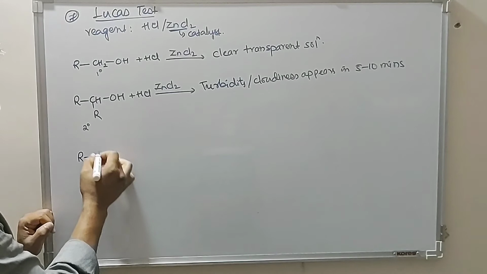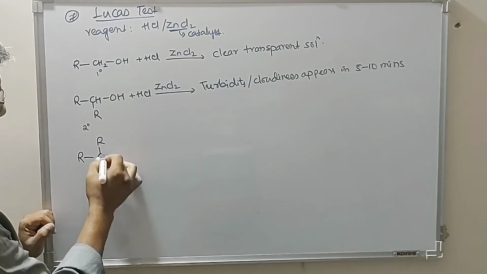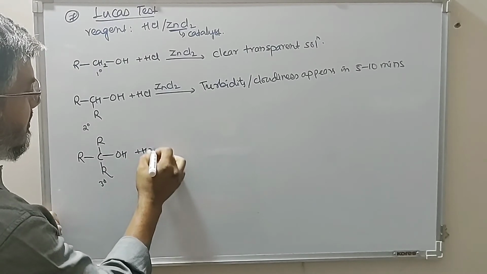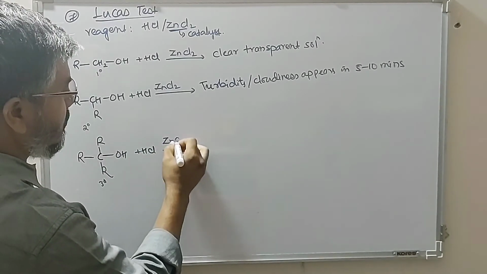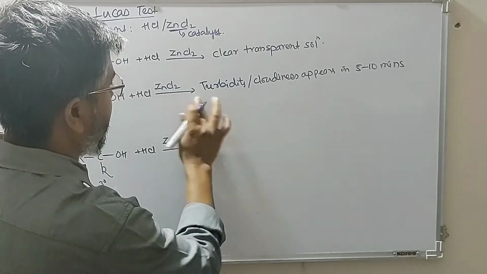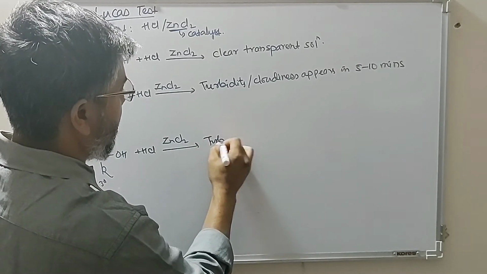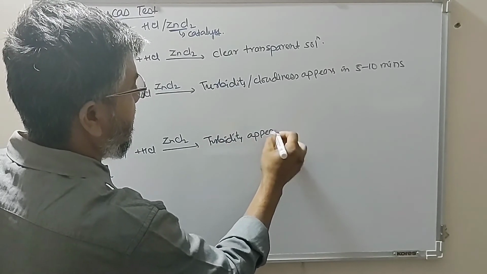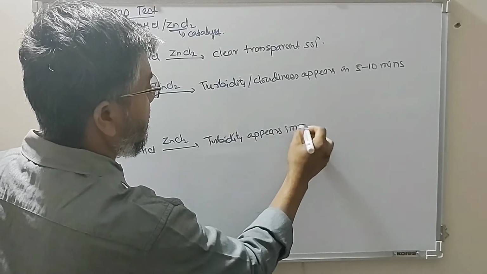With this tertiary alcohol, reaction with HCl and zinc chloride, this turbidity appears immediately.